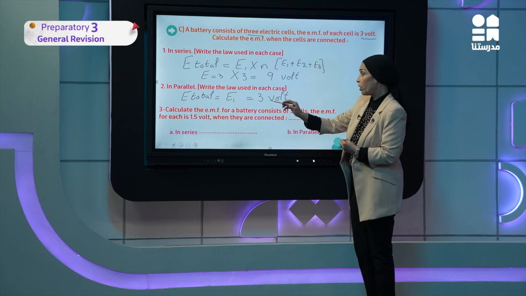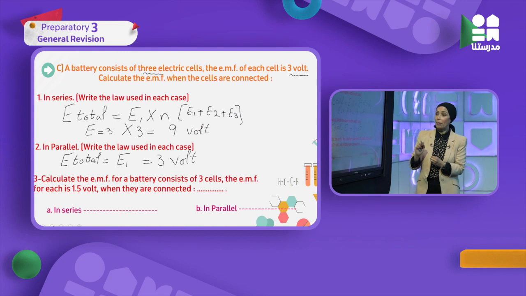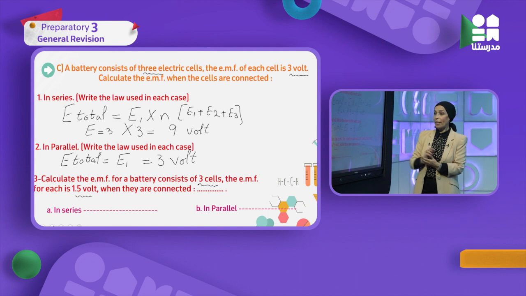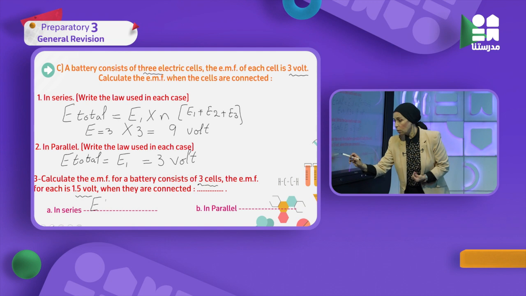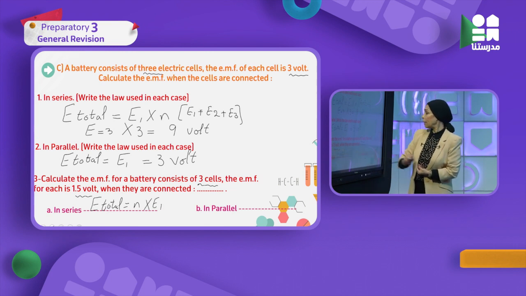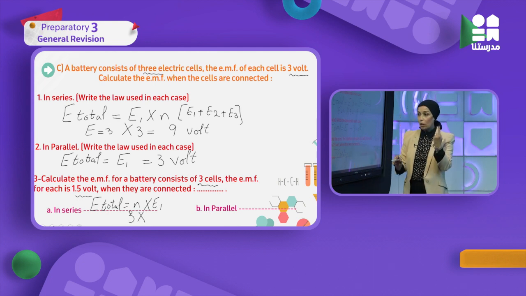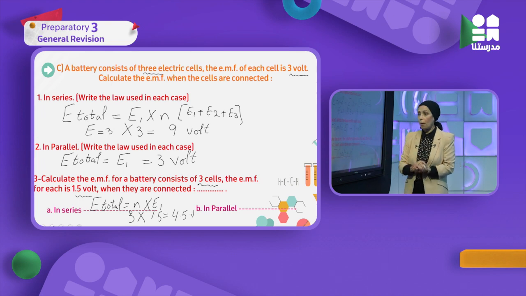The EMF of each one 1.5 volt when they are connected in series. طب هم دلوقتي عايز each one 1.5 وعندي 3 cells وعايز أجمعهم in series مع بعض. هقول الرو E total the same way equal N times E1. طيب ال N هنا how many cells؟ عندي 3 cells times قيمة ال 1.5 يبقى تطلع 4.5 volt which is the amount in series.